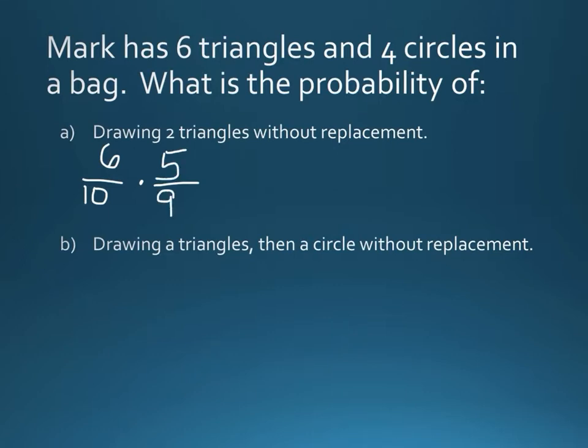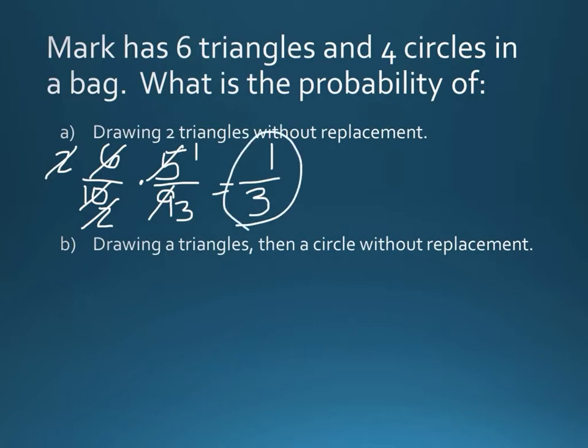Now we can multiply these. Simplifying before multiplying fractions is good. I can divide by 5 there. Here I can divide by 3, and divide by 2, making it a 1 out of 3 chance. So the probability is 1/3.